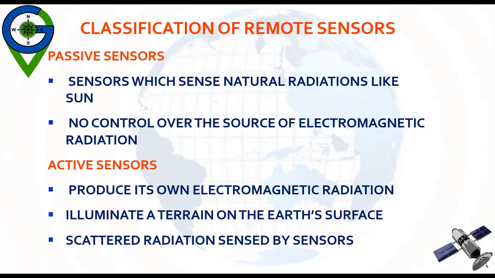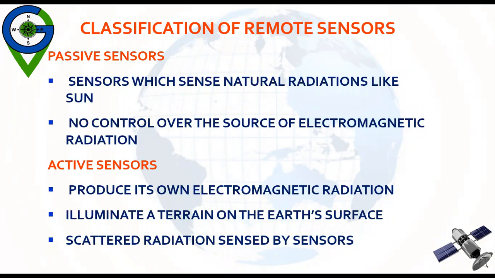So the passive sensors are those sensors which use the natural radiation like the sun, and we have no control over the source of electromagnetic radiation because the source is natural. So based on the source of energy, we have two types of sensors, passive sensors and active sensors.